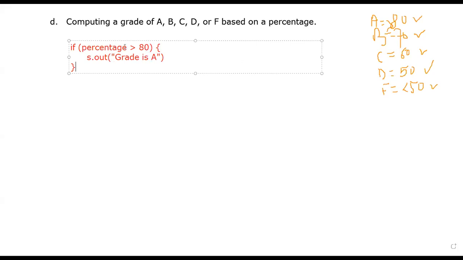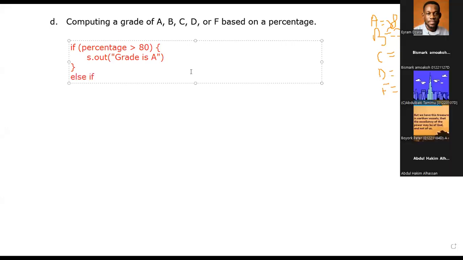Now, if this condition is not met for the percentage, then the next condition will be what? B. So for the B part, we are going to say else if the percentage score, so I'll just copy this, come down and paste.